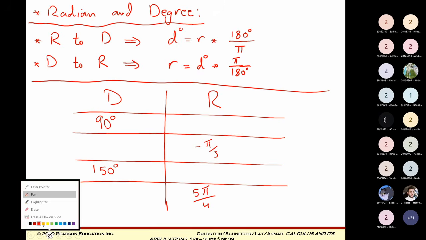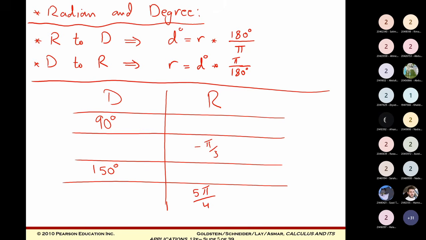Now we have 90 degree. We need to convert this angle measure to radian. So the radian equals 90 degree multiplied by pi over 180. 90 over 180 is 1 over 2, so we have pi over 2. So 90 degree equals pi over 2 radian.